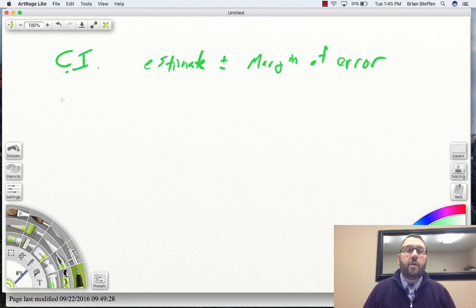If I'm talking about estimating pi, which is the same thing as p, I'm going to use p hat plus or minus z, and that's the same as from the z-score, times the square root of p q over n.